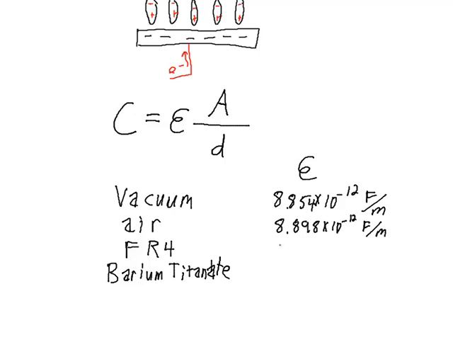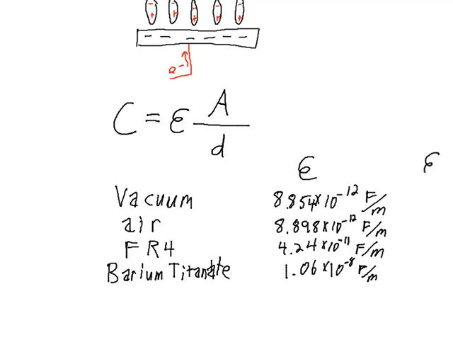FR4 is a few times better, at 4.24 times 10 to the minus 11 farads per meter. And barium titanate is 1.06 times 10 to the minus 8 farads per meter, so like 1,000 times higher permittivity than a vacuum.